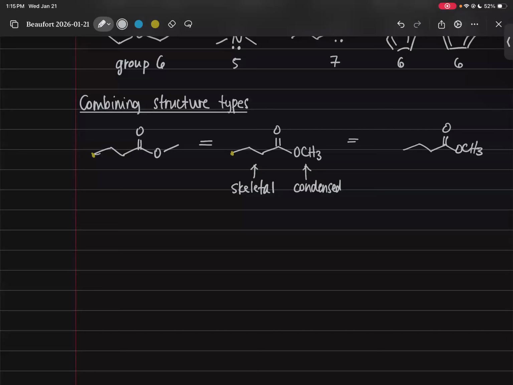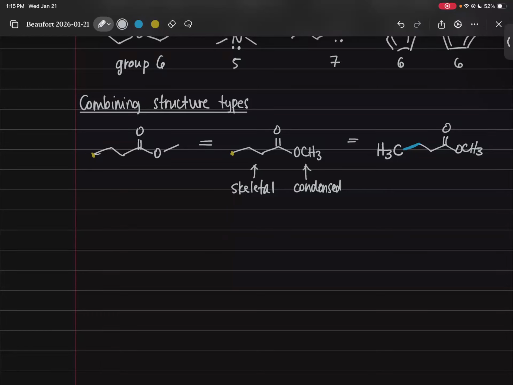But the thing here is because it's on the left-hand side, we have to show that this bond in blue is from a carbon to another carbon. So we have to draw that carbon of the CH3 group right there. We can't leave it like this because we've drawn out the carbon explicitly. And so that means we have to draw out the hydrogens explicitly. And so we just put them over there.